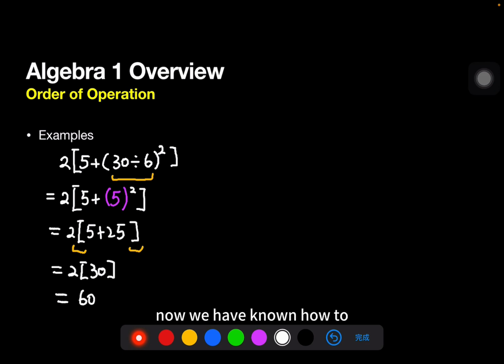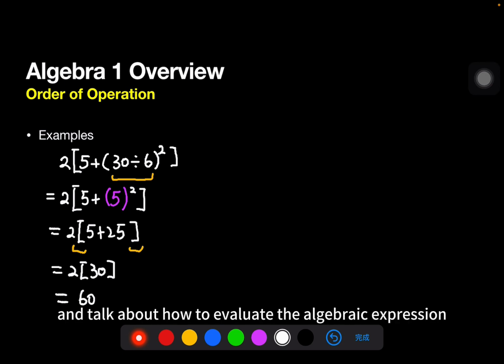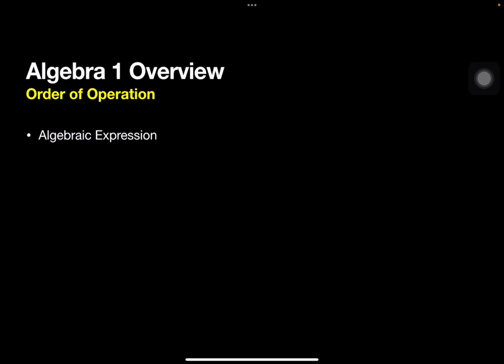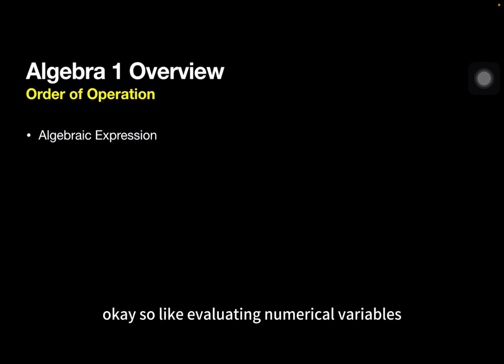Now we know how to evaluate a numerical expression. We will now move on and talk about how to evaluate an algebraic expression, which contains one or more variables. Okay, so like evaluating numerical expressions, an algebraic expression often contains more than one operation.